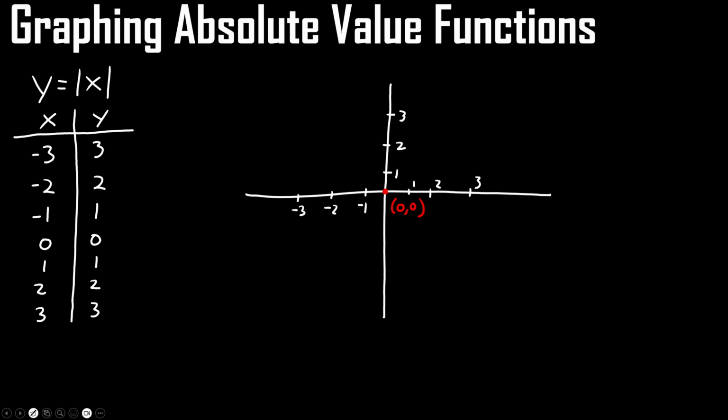So plotting this, it'll look like this. So negative 3, 3, negative 2, 2, negative 1, 1, then 0, 0, then 1, 1, 2, 2, and 3, 3. So our graph looks like this.